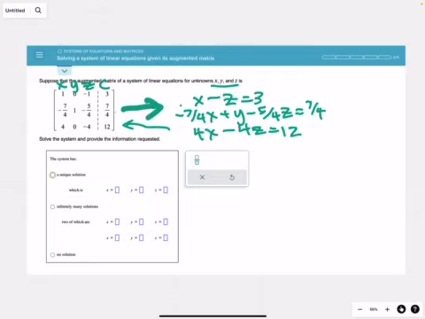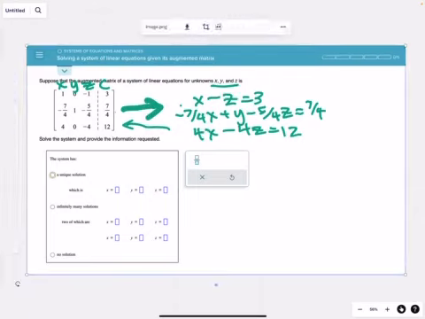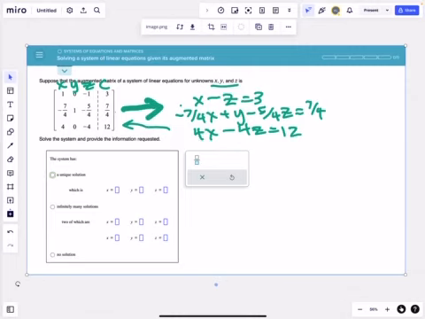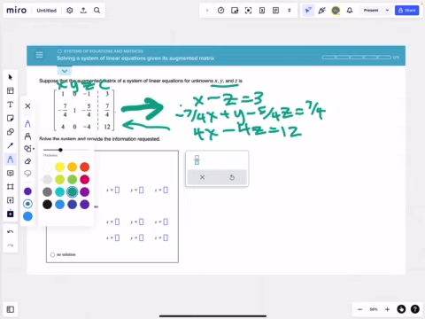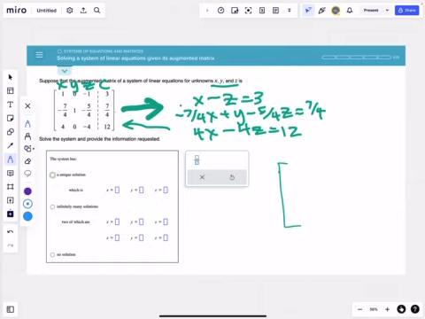All right, and so we have this matrix now. Sorry, this is a little bit awkward. So here we go. We've got this matrix.